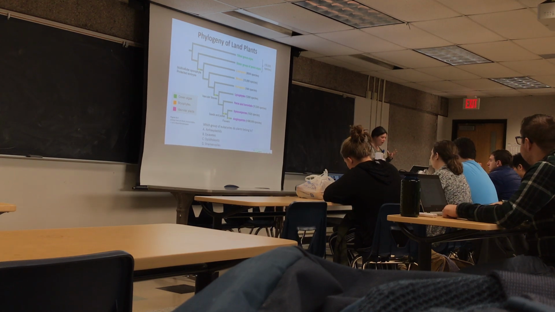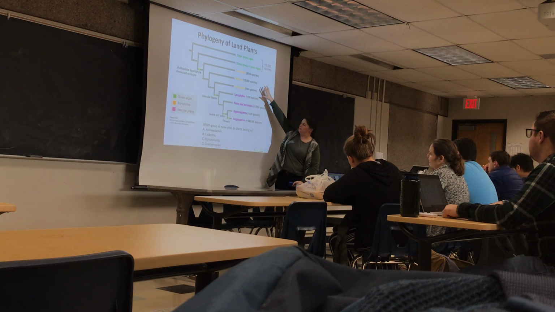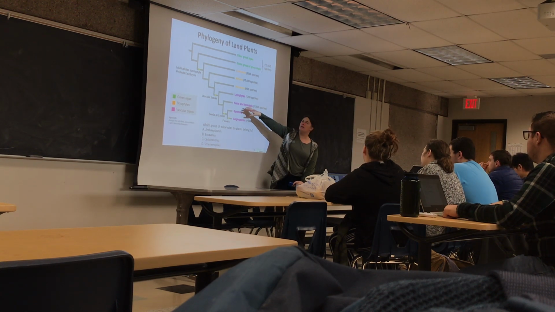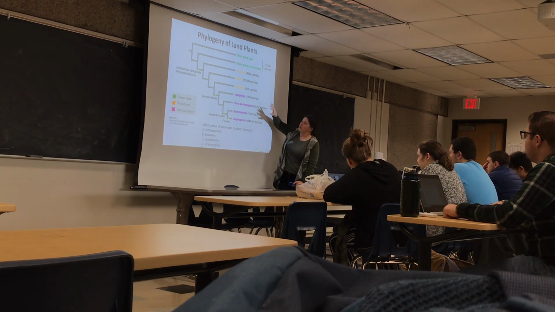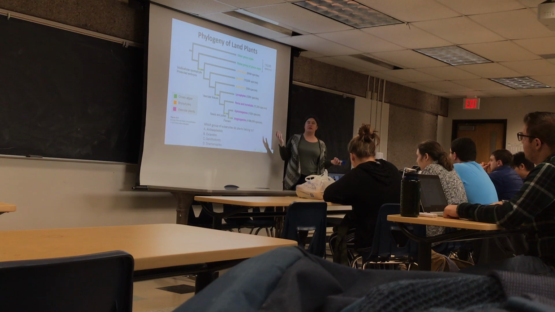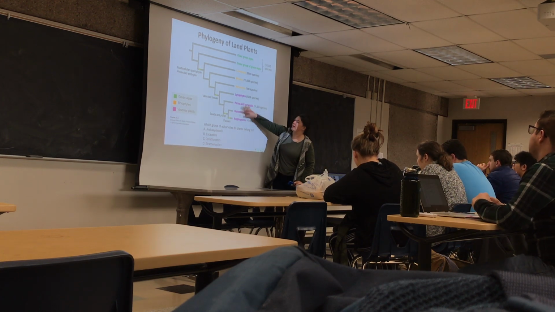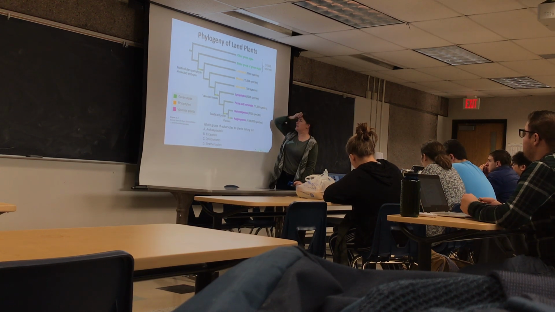Okay. All right, so looking at the land plants, the things that are in yellow and purple here are the land plants. There's two major divisions between the land plants, the bryophytes and the vascular plants. And we're going to go through each of these groups in a little bit more detail.